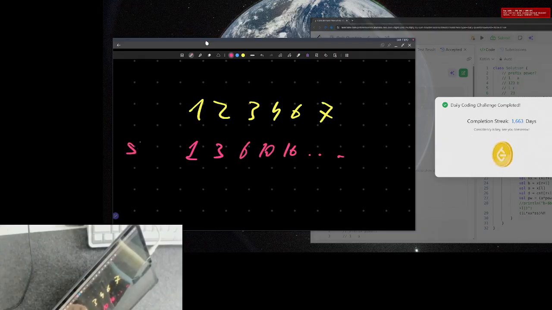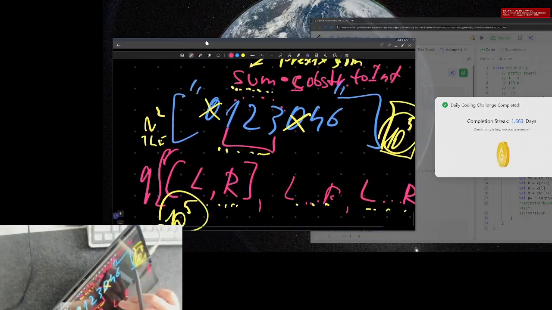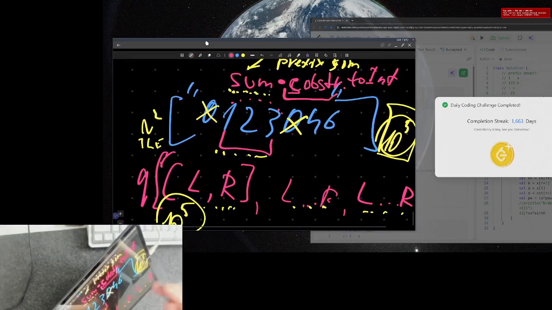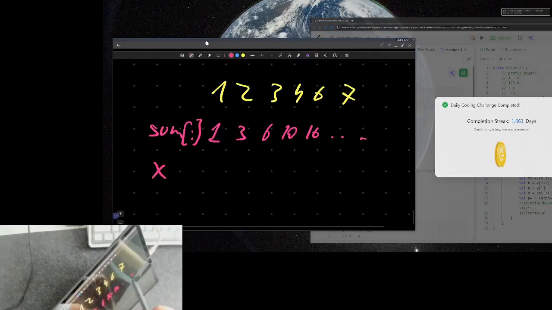These are the sums, and then we have to compute this second part, which is a substring. Let's call it x.